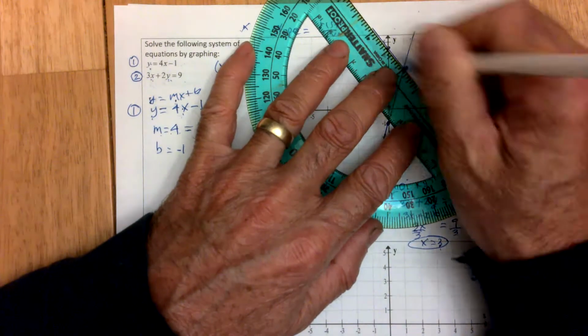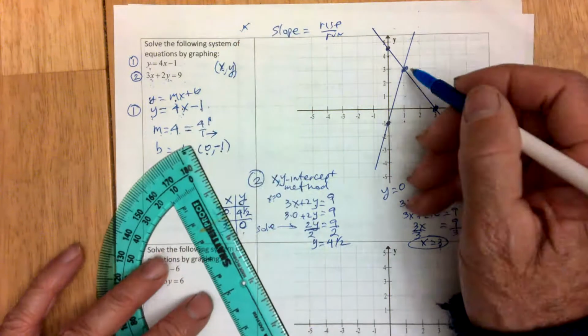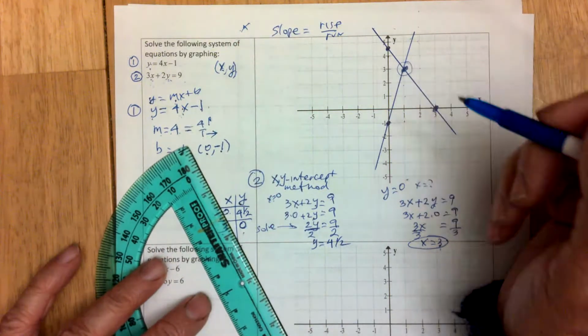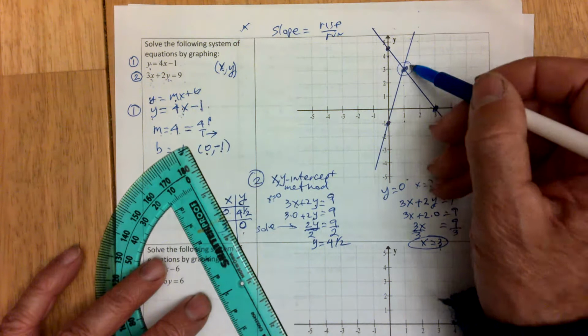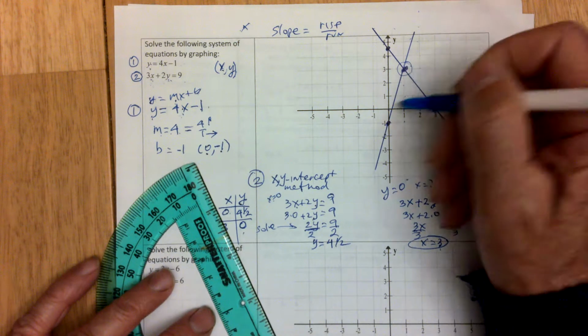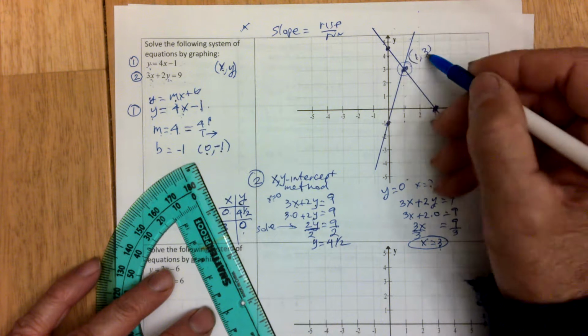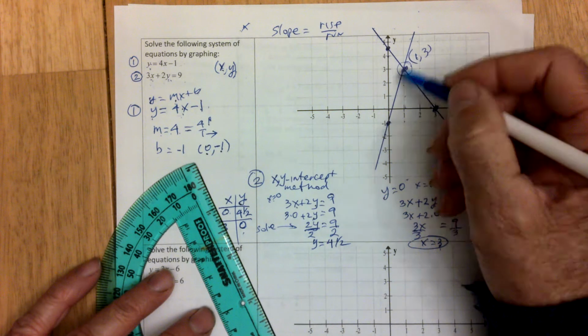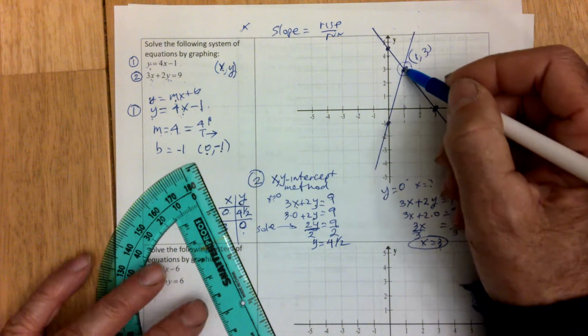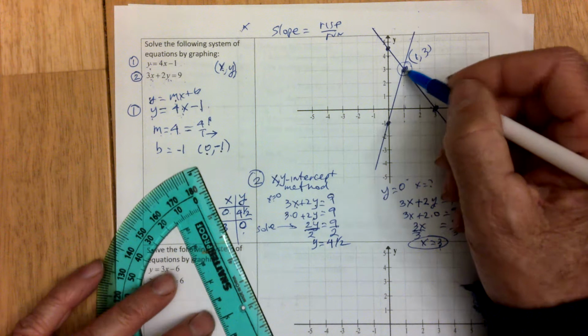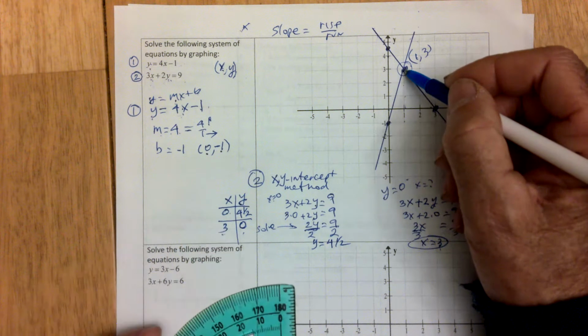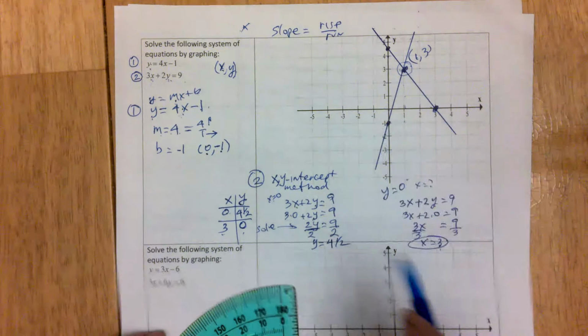We can draw our line that goes through those, and notice where these 2 lines cross. At this particular point, which in this case is (1, 3), it's a point on this line, and it's a point on this line. At the same exact time, this point makes both of these true. And that's how you solve it.